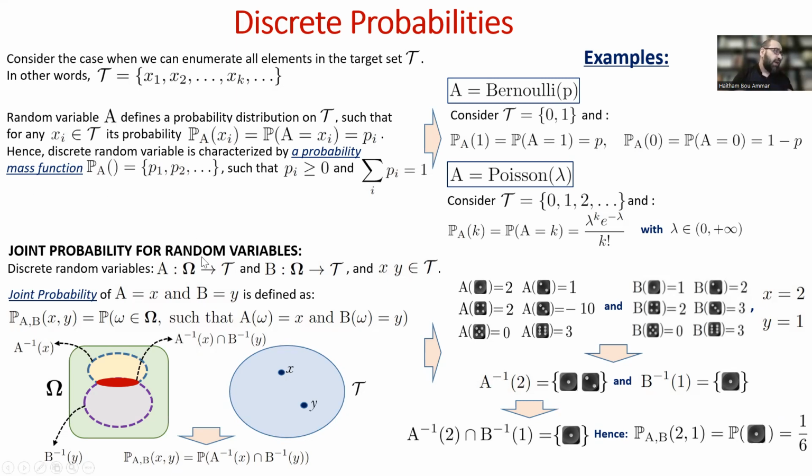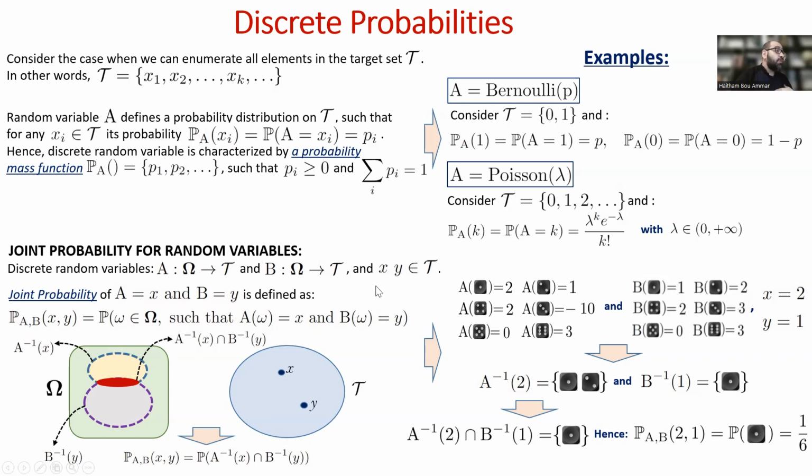So we can define a joint probability of two random variables, or of many random variables, but for now we're considering 2. Let's say we're talking about discrete random variables for now. We will take 2 discrete random variables, one is A, one is B, and we will take 2 elements in the set T we are interested in.